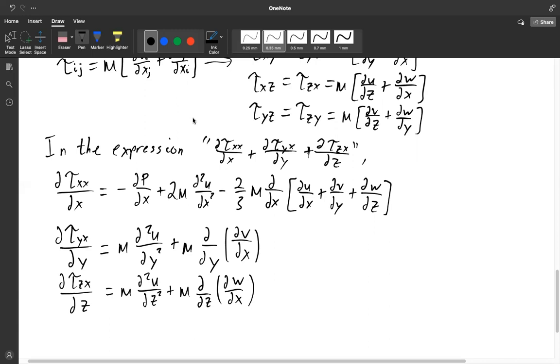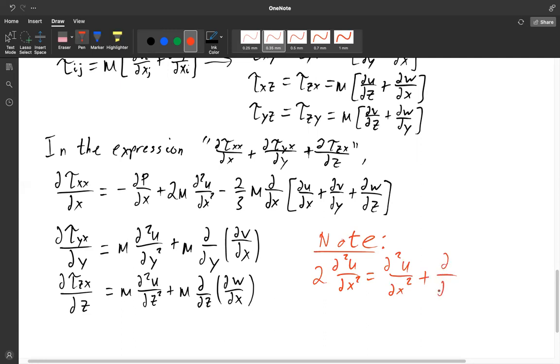And I would like to note that 2 partial squared u partial x squared will equal partial squared u partial x squared plus partial x of partial u partial x.